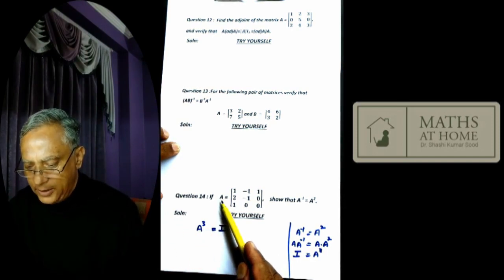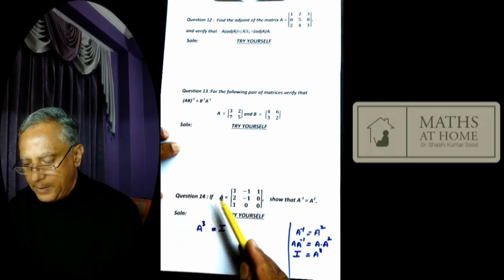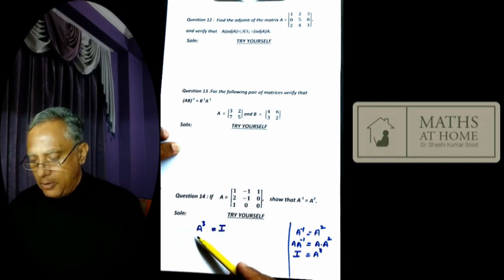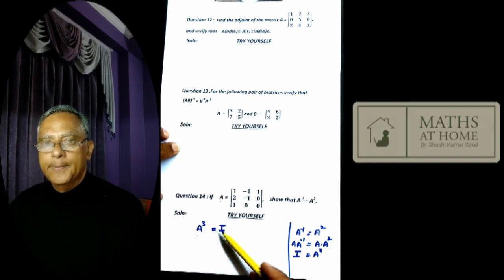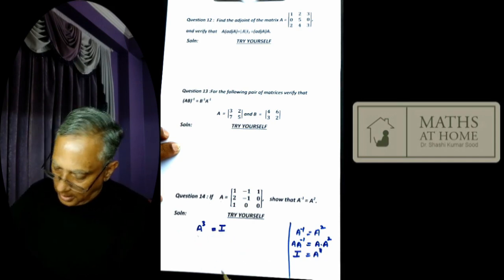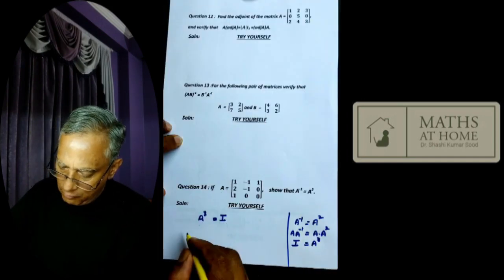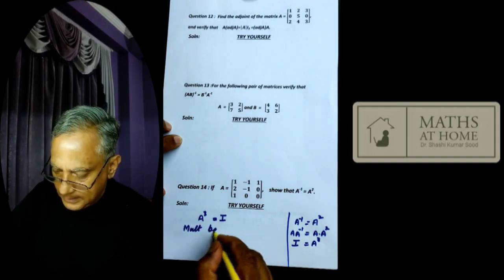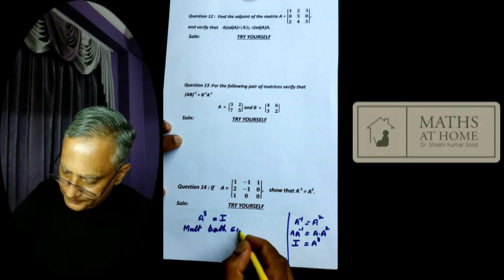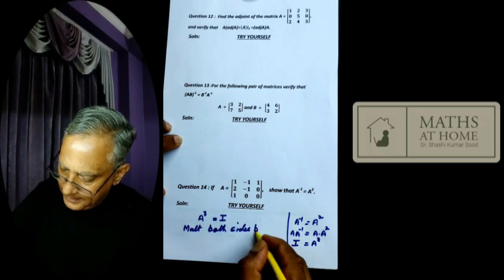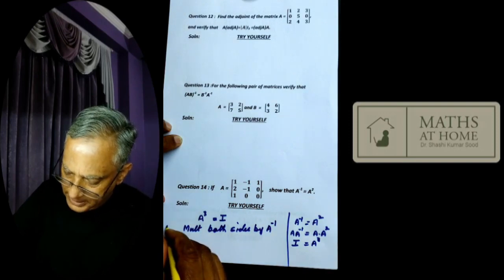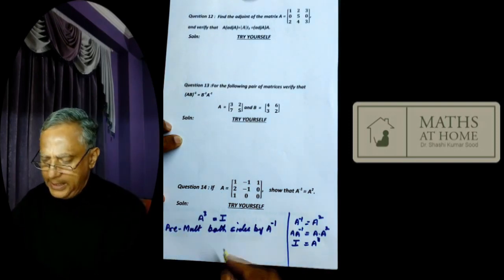Multiply A with A to get A square, and then multiply A square with A to get A cube, and it will come out to be I. Now after proving this, multiply both sides by A inverse, or we can say pre-multiply both sides with A inverse.